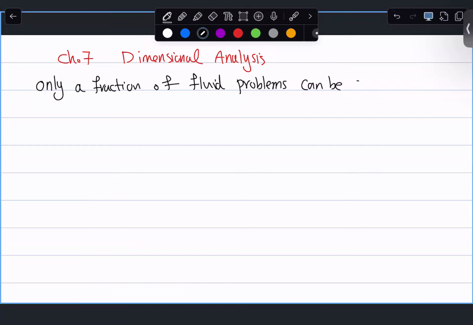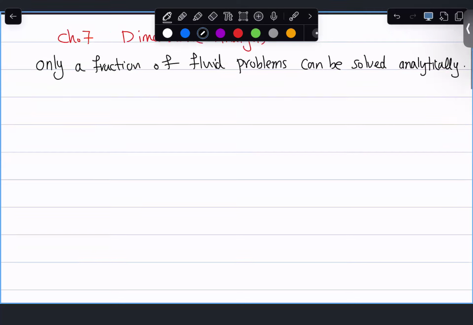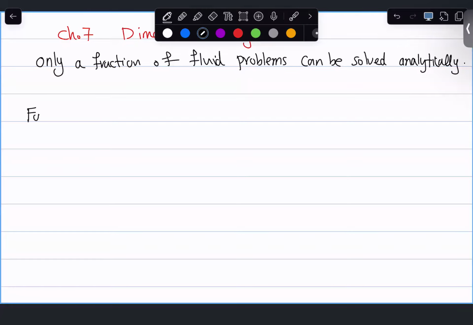And for most problems, what do you think we need to do? If a problem is too complicated, too complex to solve analytically, what do you do?